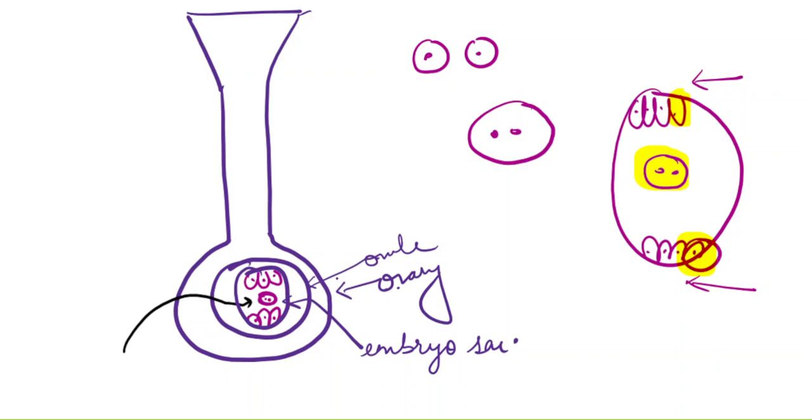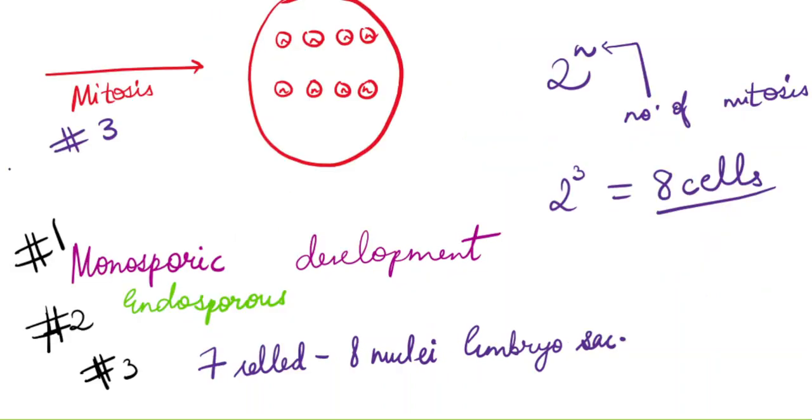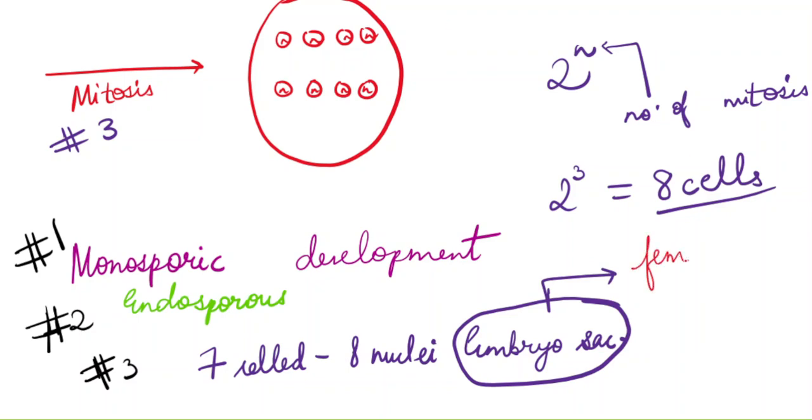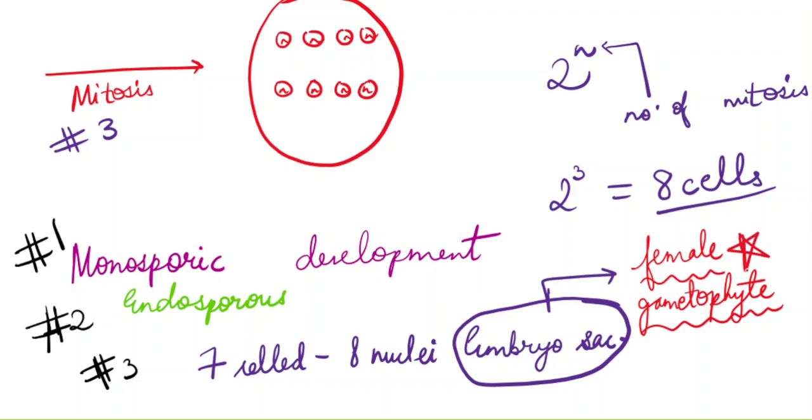So everything is enclosed inside the ovary, right? So we say concealed structure. Another word for embryo sac is female gametophyte. This word I had given yesterday also. Female gametophyte.